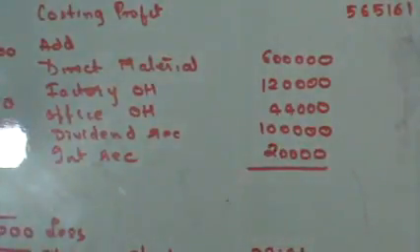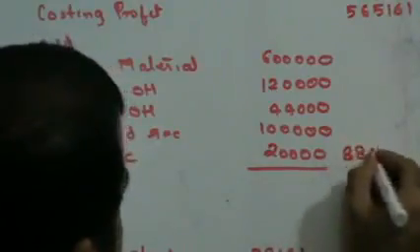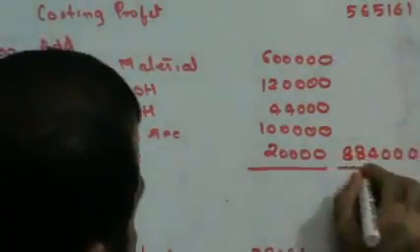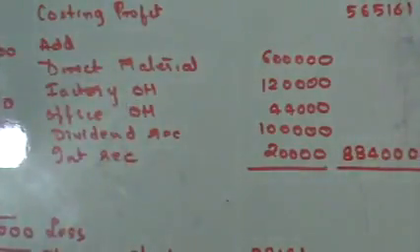Right? Now, when you add this 6 lakh, 1 lakh, 20, how much is this? 8,84,000. Right? First you will add 5 lakh 65,161 plus 8 lakh 84,000.